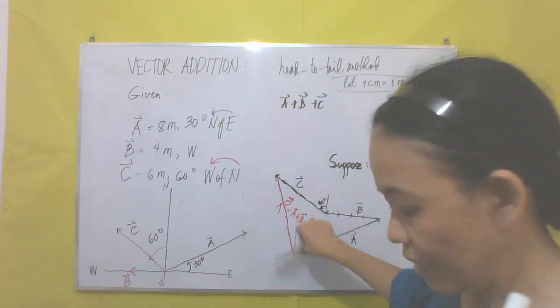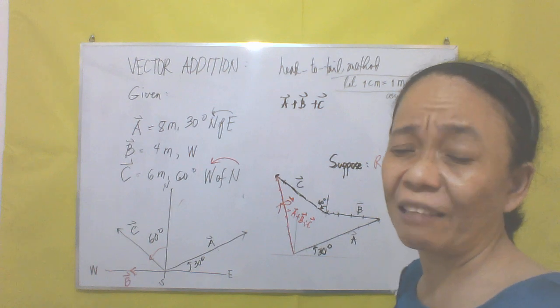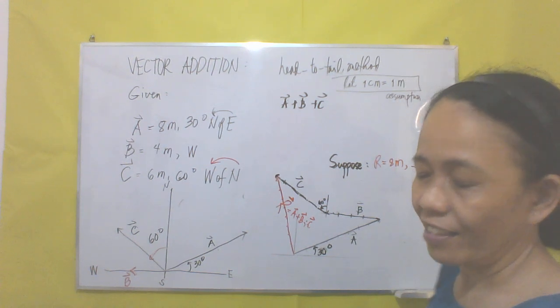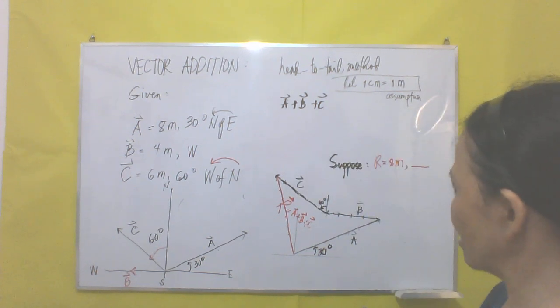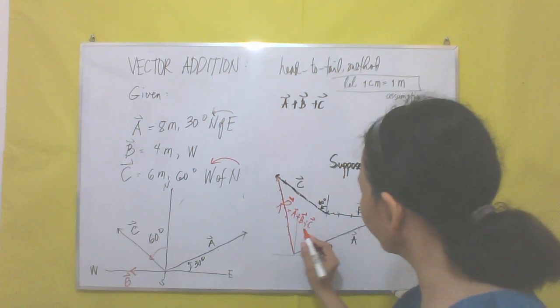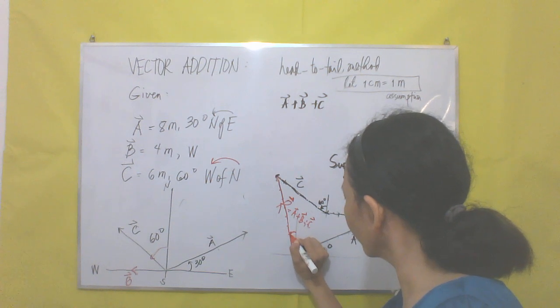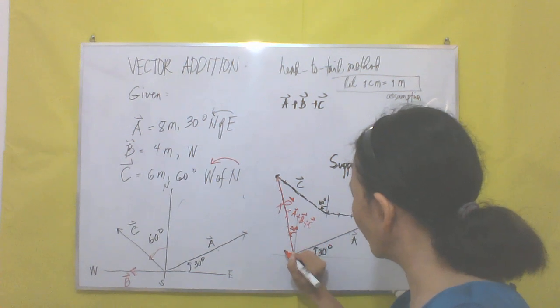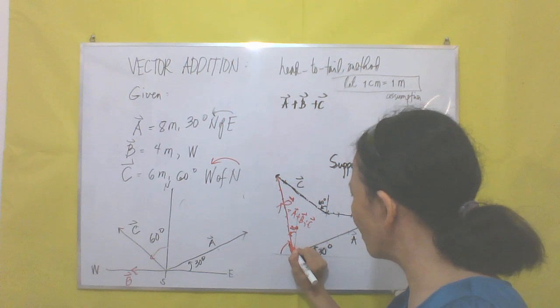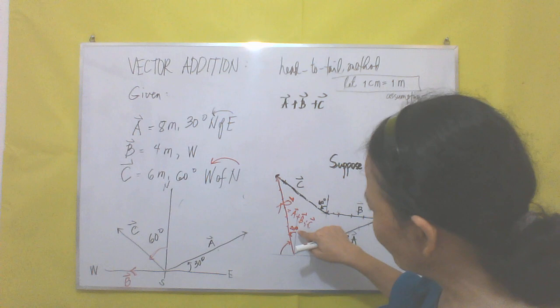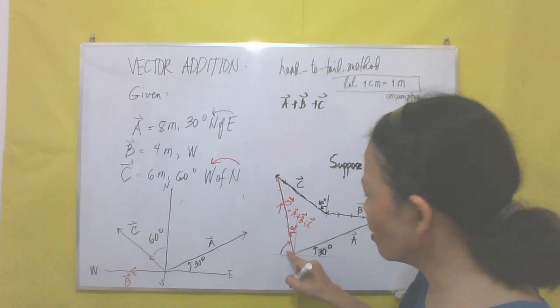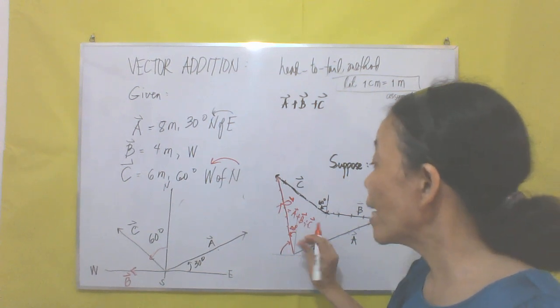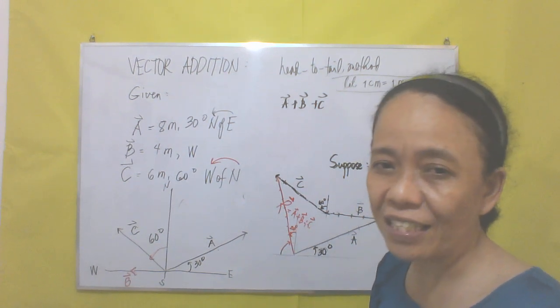Again, I am still playing safe. From the word suppose, this is 20 degrees. If this is 20 degrees, what is the measure of this? So 90 minus 20 is 70.